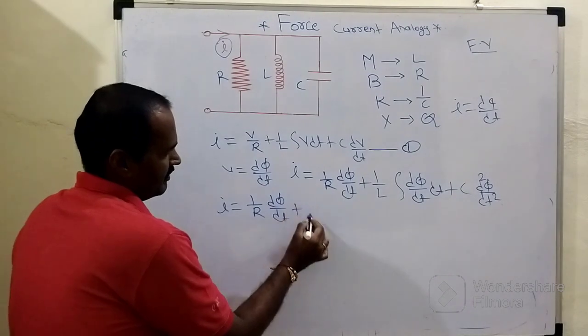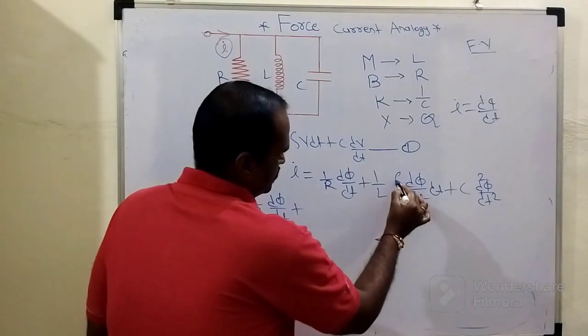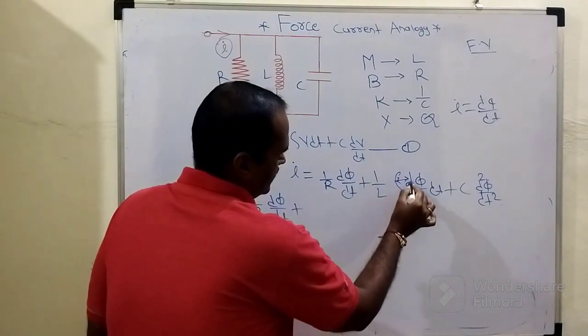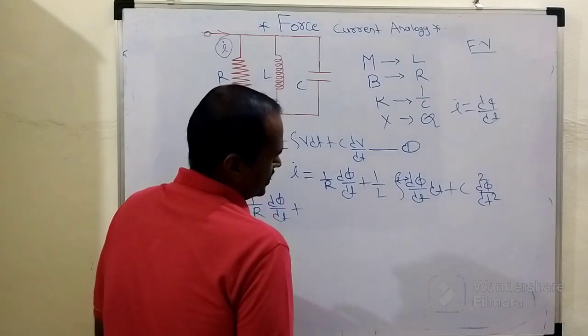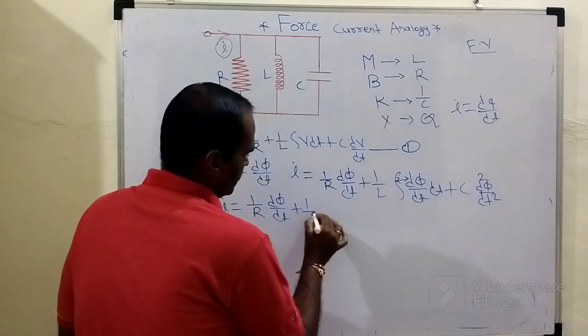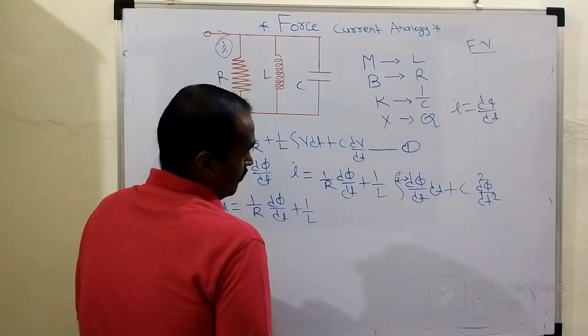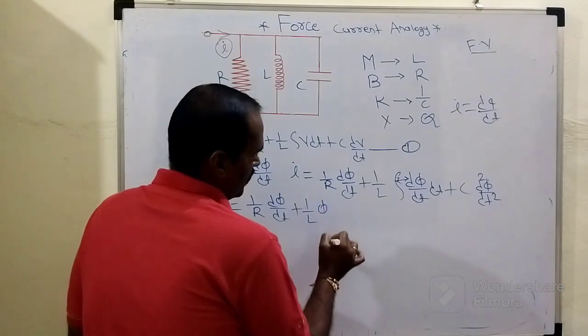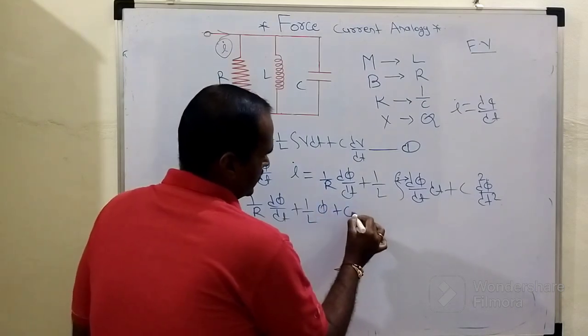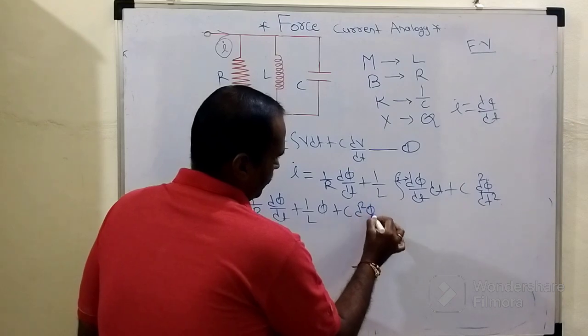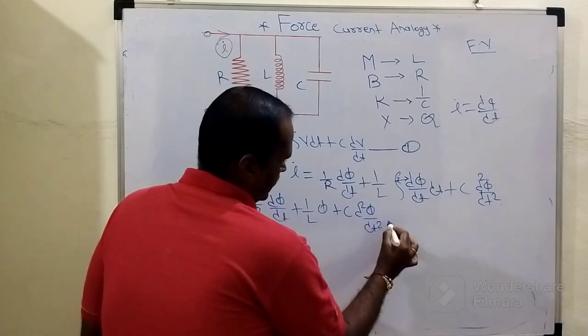After simplification, as we have the two operators integrator and differentiator, the remaining term will be 1 over L into phi plus C into d square phi upon dt square.